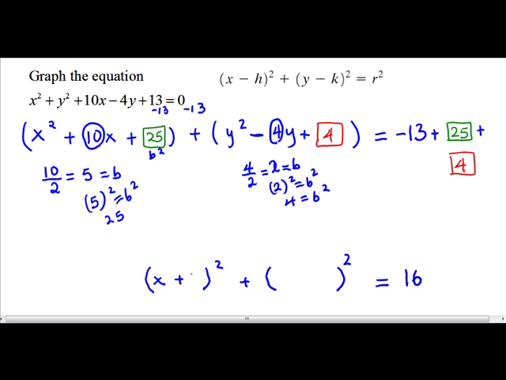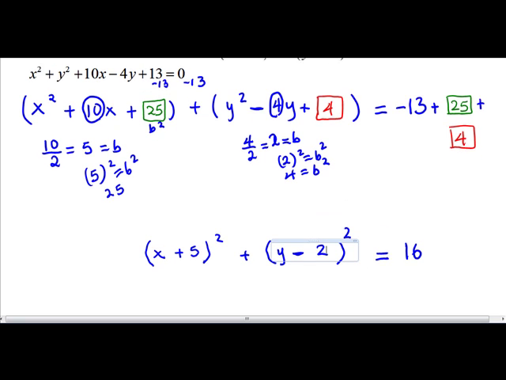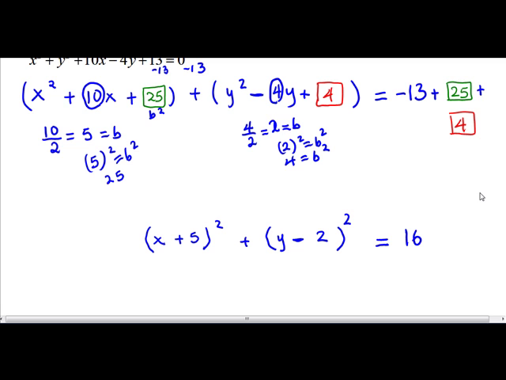So in this case, we have 5. For the y, we put y down, and the minus here, we bring down this way. And this number is always your b. In this case your b is 2.